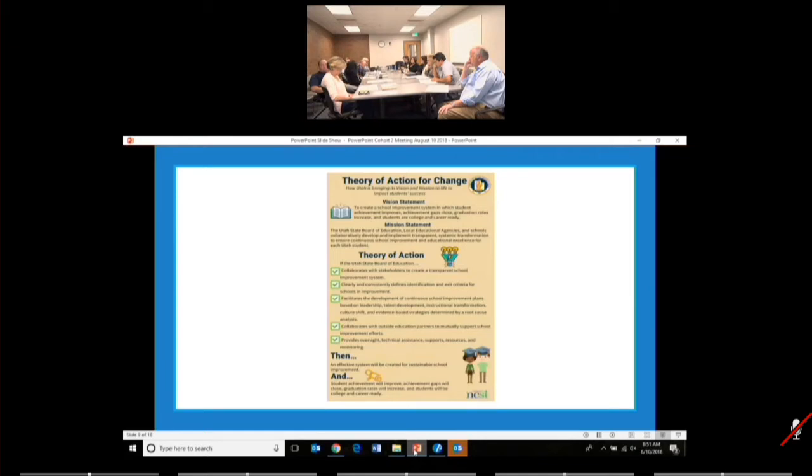We created a theory of action here. At this step in the process, we asked, what are our expectations? If we do this, then this will happen, and eventually student achievement improves, achievement gaps close, graduation rates increase, and students will be college and career ready.